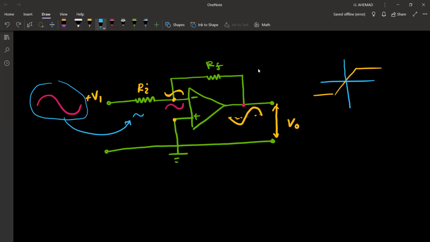Like now we can control the gain. And at the same time, by controlling these two resistors, we can broaden it. Due to these procedures, this wave also falls back into this region.